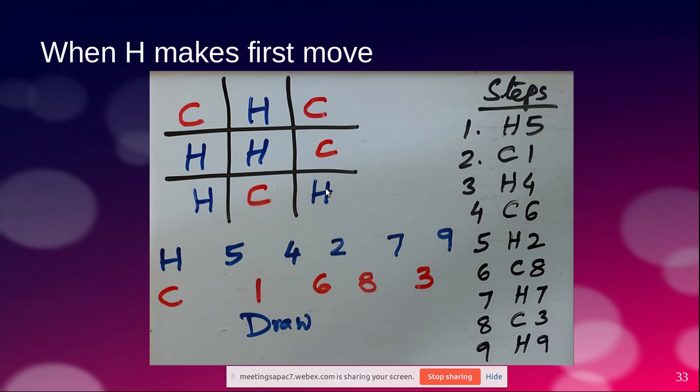Even if the human places it here, the human cannot win. The computer cannot win. Now the computer can win if C can be placed here, but it is the human's turn. Therefore, C cannot be placed here to make the computer win. And if you place H here, it's not going to make any sense. And we are going to lose all the blank cells, and hence it is the end of the game. None of the players can win, so we declare it a draw.